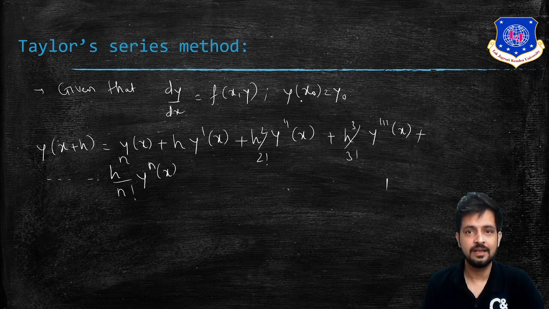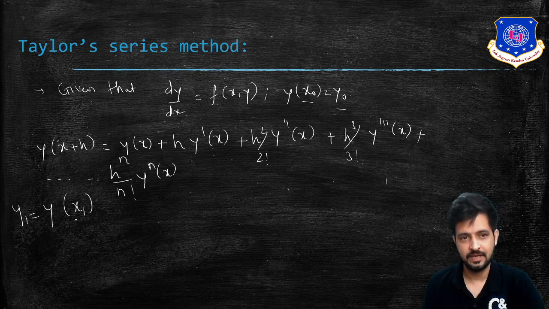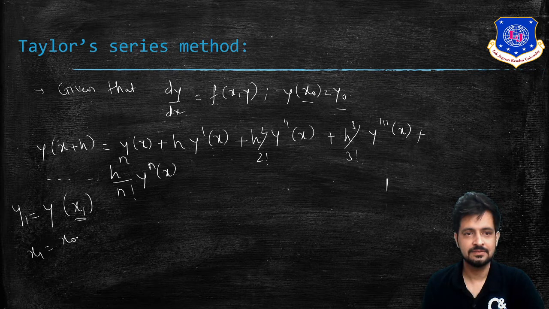See what is given: x0 and y0 will be given. So if I want to find y1, what is y1? y1 is equal to y of x1. And what is our x1? x1 can be written as x0 plus h. So if I want to find the value from this formula, then instead of x I have to take x0 because I want to find y of x1.